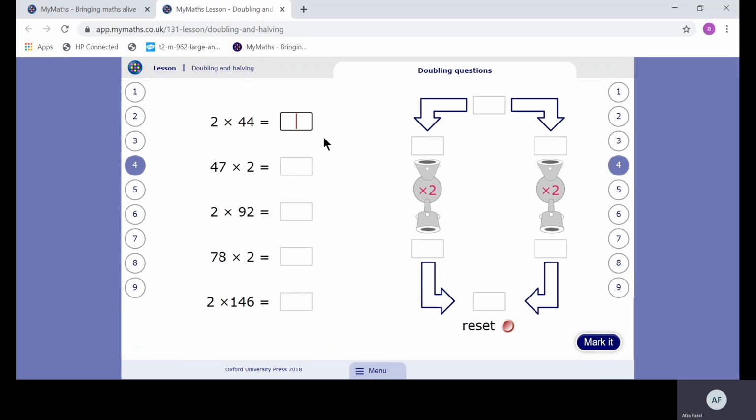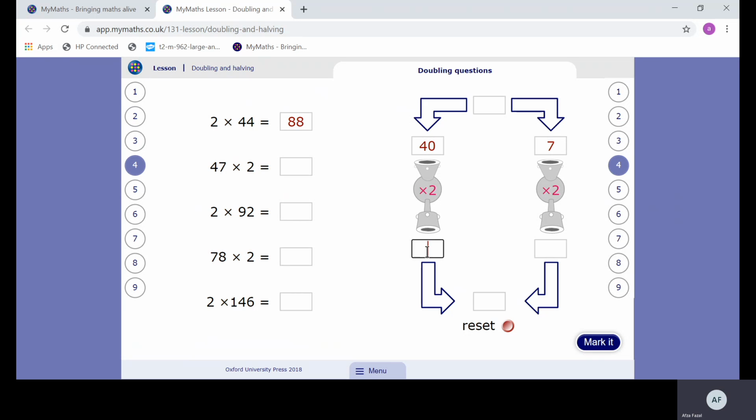2 times 44. So partition it into 40 and 4. So 40 times 2 is 80, 4 times 2 is 8, and 88. 47 times 2, again we're going to partition it into 40 and 7.